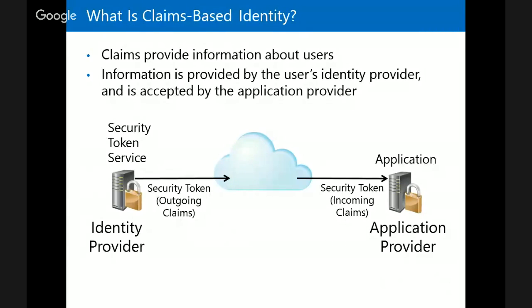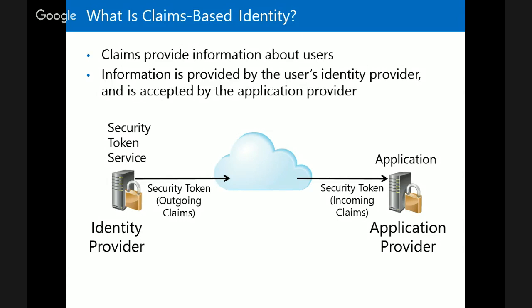So on one side here, on the left-hand side, we see the identity provider. There's some type of security token service, and it makes a security token. This is a claim being made. That's an outgoing claim in this case. It goes through the system. That's the whole cloud thing.